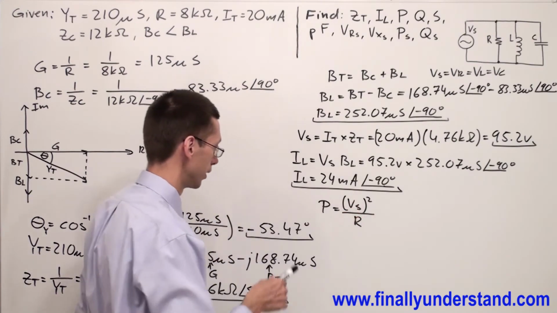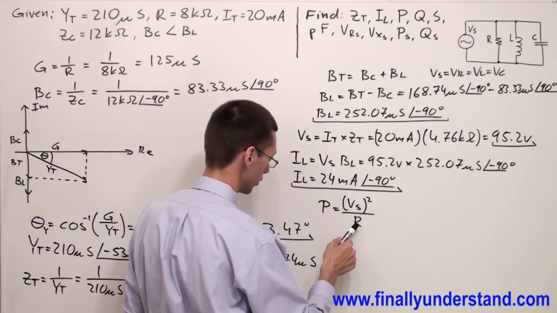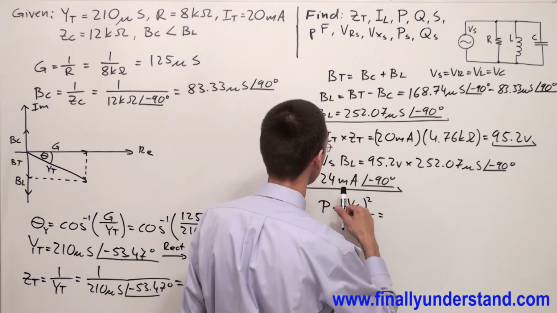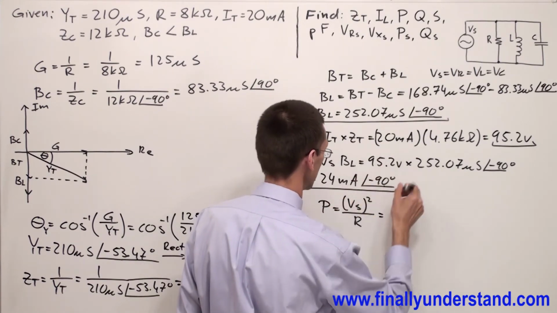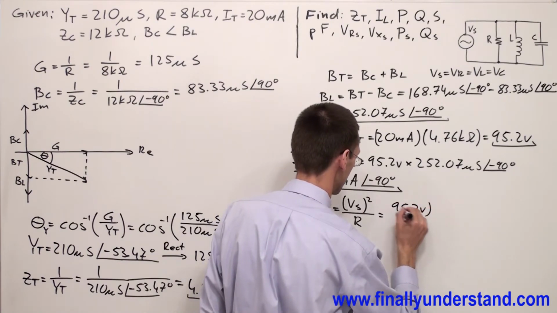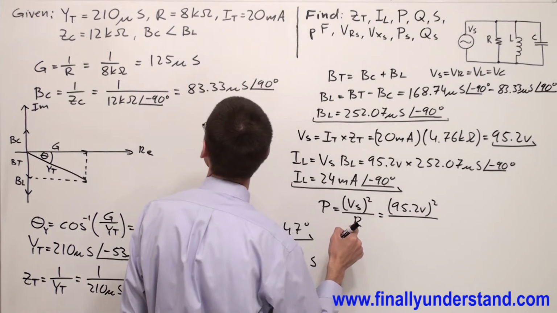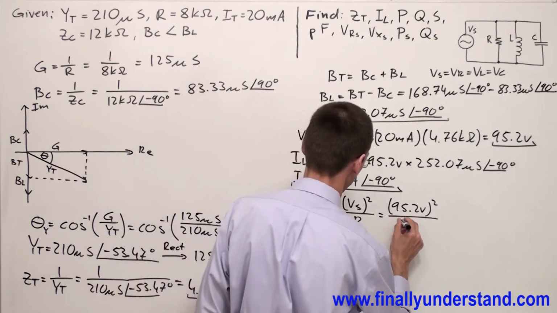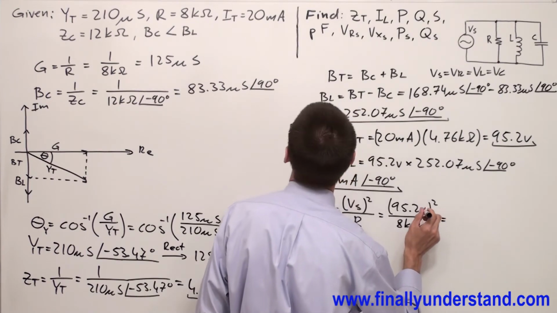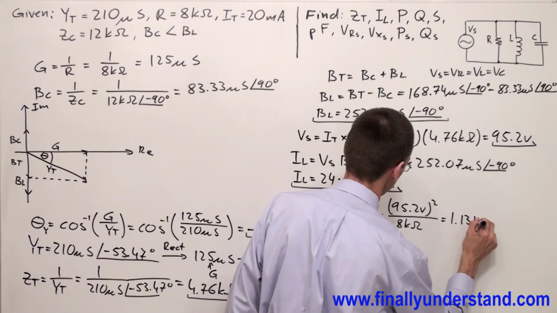Okay, so true power in this case is equal to voltage source squared over R. We found that the voltage source is equal to 95.2 volts raised to the second power over the resistance, and resistance is equal to 8 kiloohms. So the true power is equal to 1.13 watts.